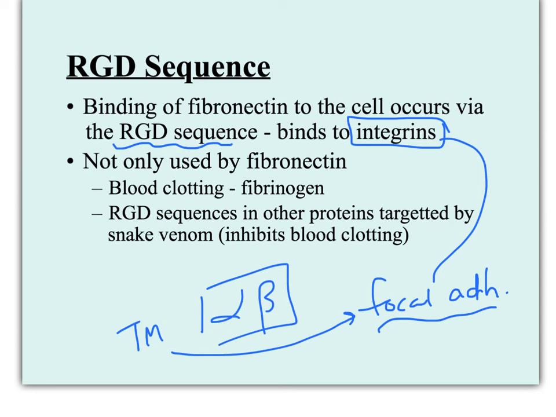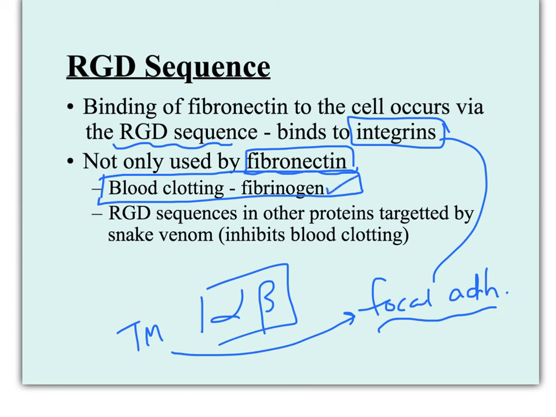But RGD sequences are really important for a lot of proteins. Fibrinogen is another completely different protein. It has nothing to do with extracellular matrix, it has nothing to do with junctions, but it's really important for blood clotting. Okay, so I'm trying to tie together RGD sequences and why you should care. Blood clotting requires fibrinogen.